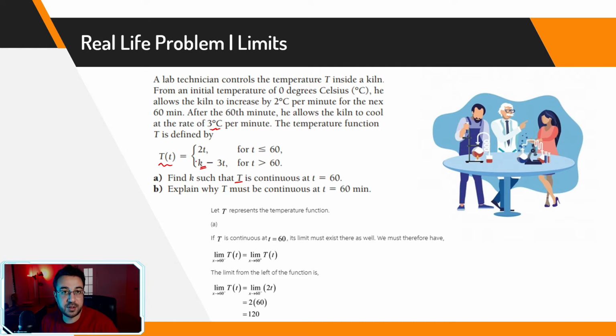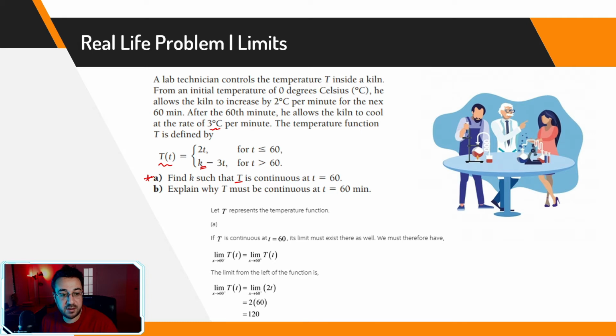How does the temperature over time behave at the moment where t equals 60, either before that or after that? So we have that function, we came up with it. So I'm saying here that this is doable in real life. So let's try to solve together part A of the question.